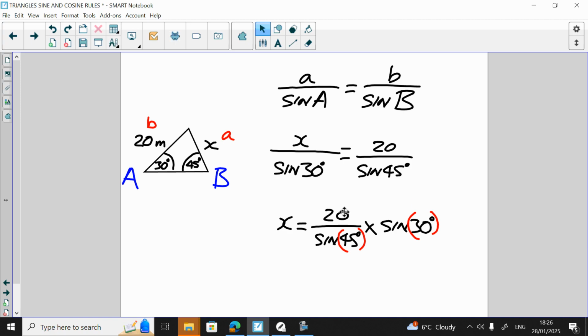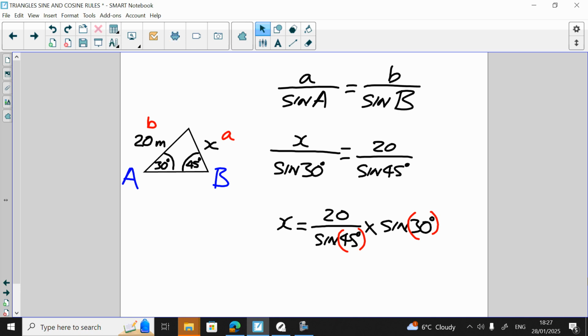If it was just 20 over sine 45, you get away with it. But because we're multiplying it here, we need to make sure we close the bracket after the 45. If we didn't, then it would drag everything downstairs. Believe me, it would. Okay, get your calculator. So 20 over sine 45 times sine 30.